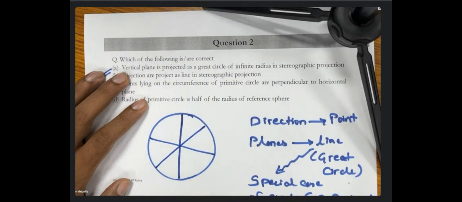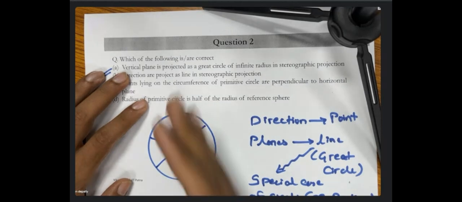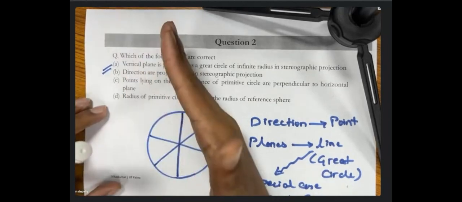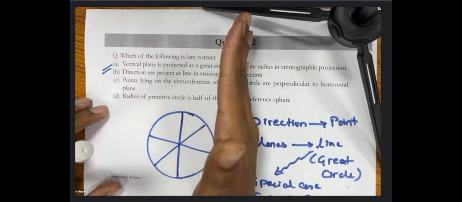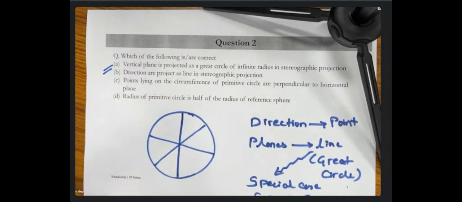There are multiple straight lines depending upon the orientation of the particular plane. A plane can be straight over here, and then it can be like this. But all of them are vertical only, so all of them will project as a line.